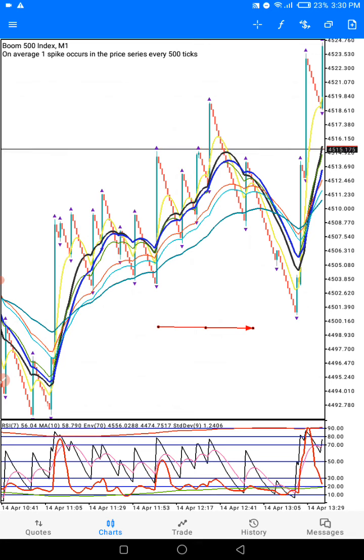If you look at my status on WhatsApp, I state there boom and crash expert on my WhatsApp DP. So if you are familiar with this trend, you will not lose your money, even if you lose, the profit will overshadow the loss. That is the truth.